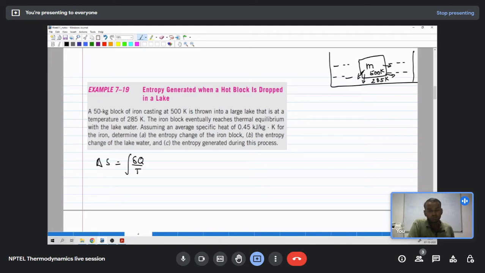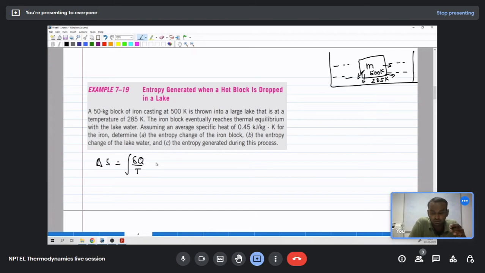For the first question, we have to find the entropy change of the iron block. So our system is the iron block. For the iron block, the initial temperature is 500 Kelvin, and the final temperature at equilibrium should be the same temperature as the lake, 285 Kelvin.